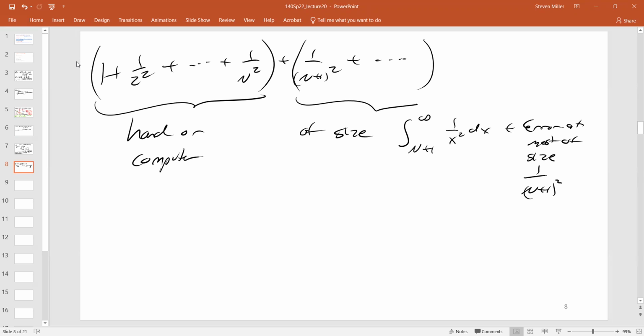And we're off by at most the first term. Well, now because I'm starting at N plus 1, if N plus 1 is huge, now my error is going to be small. So if I need to evaluate this very precisely, what I do is I do a bunch of terms just directly by brute force. And then I know, okay, now if I just start from this point onward, I know my error won't be too bad. And this integral over here is going to be 1 over N plus 1.